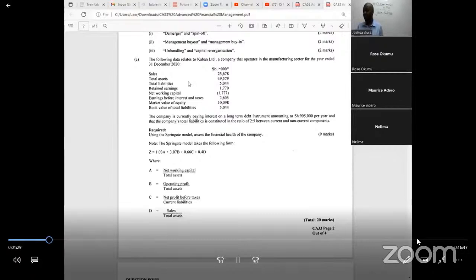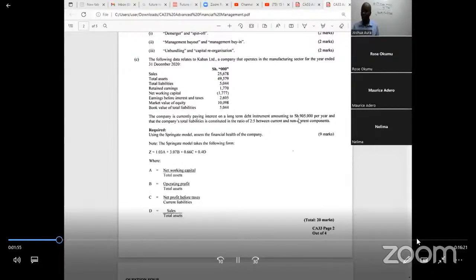They have given us the sales, the total assets, the total liabilities, retained earnings, net working capital, earnings before interest and taxes, market value of equity, and book value of total liabilities. The company is currently paying interest on a long-term loan amounting to 905,000 per year.